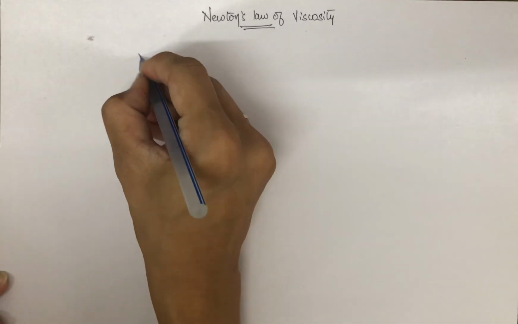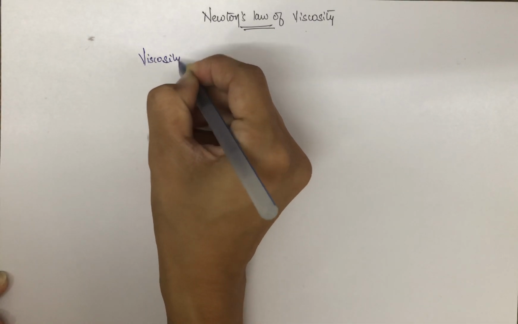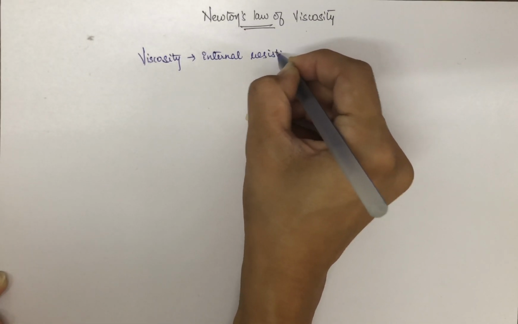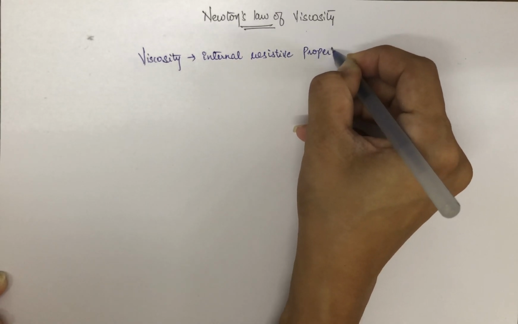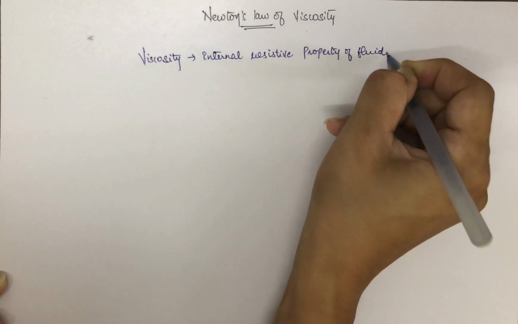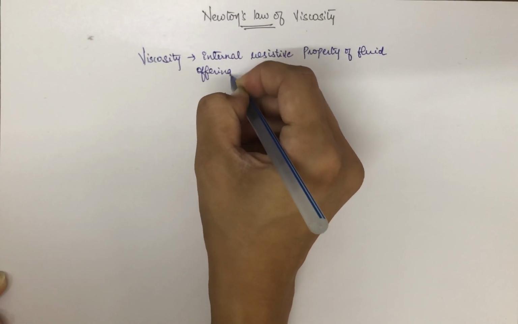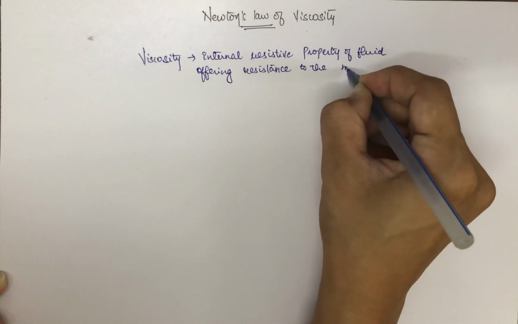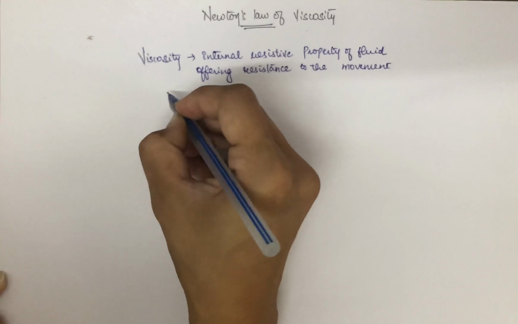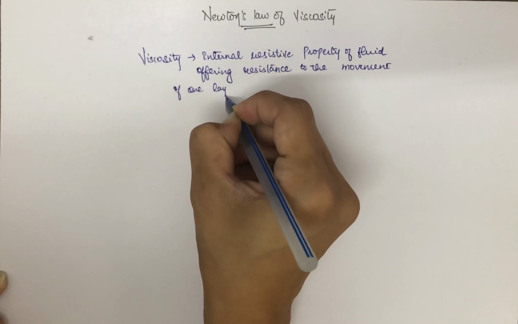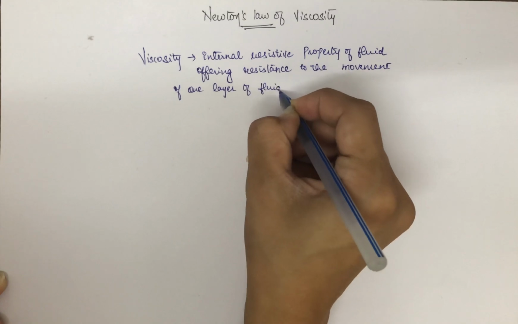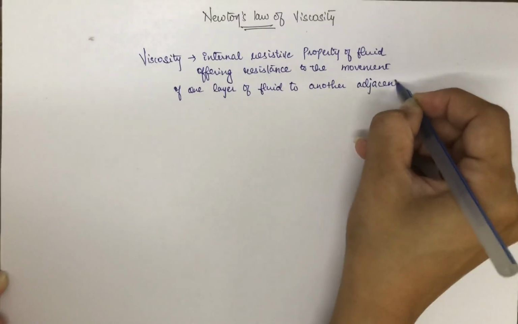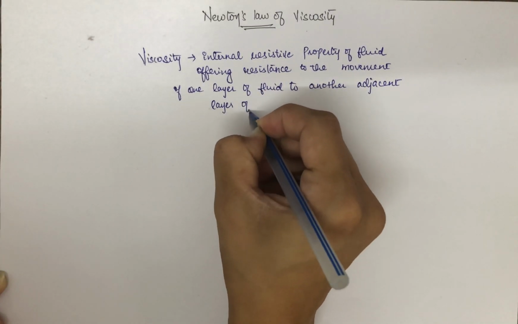Today in this video we are going to learn about Newton's law of viscosity. As we discussed in our previous video, viscosity is defined as the internal resistive property of fluid offering resistance to the movement of one layer of fluid over another adjacent layer of fluid.